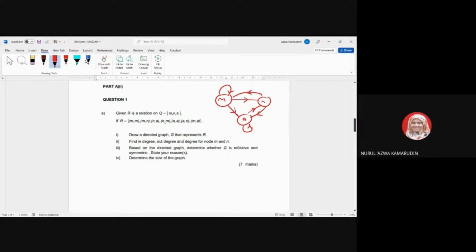Okay, so 1, 2, 3, 4, 5, 6, 7, 8, 9, 10, 11, 12, 13. Okay, this is the directed graph.